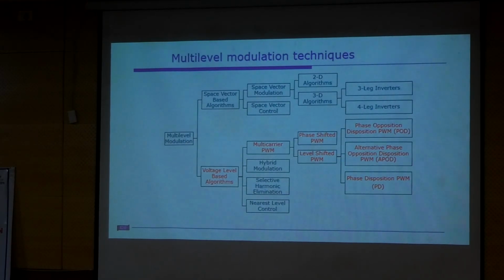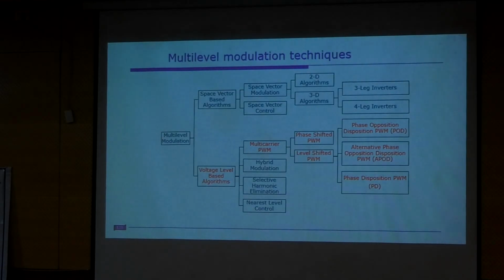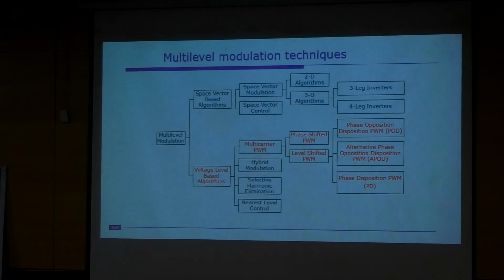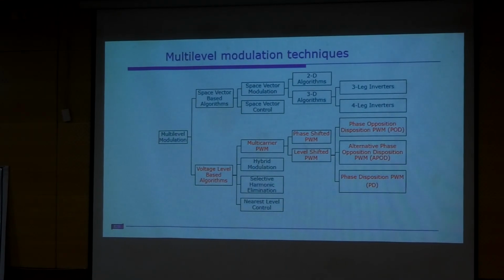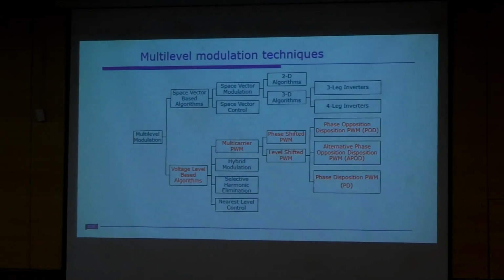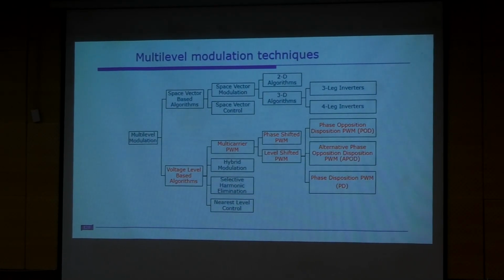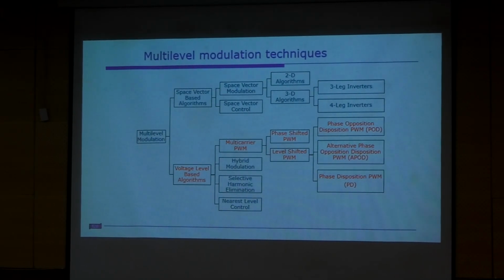The difference is that in vector based algorithms, the entire three phases are controlled together, right? All three phases are treated as one unit in vector based methods like space vector modulation. Whereas in voltage level based algorithms, we control the individual phases, A phase, B phase, C phase separately.